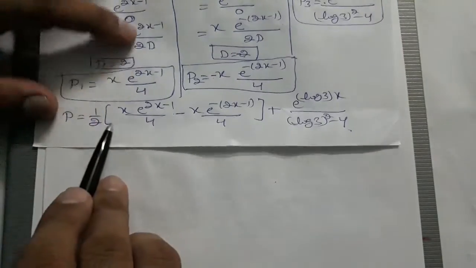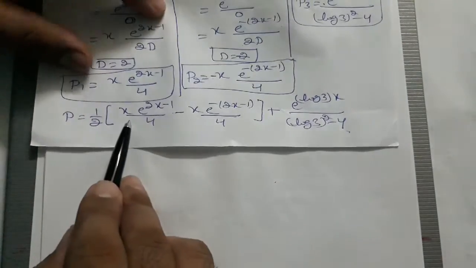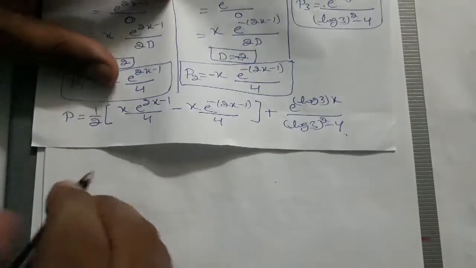See, in this, can I take x by 4 as common, and 2 I am taking inside. So what I'll get then?